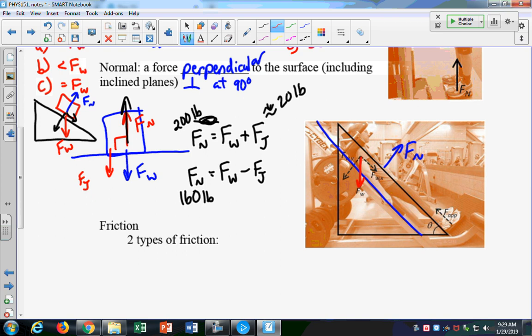Well, I can do the same thing for that force weight. I can break it into its components. I can put one component right here, and then I can put another component right here. Those two yellow vectors make up, they're the same as the weight vector.